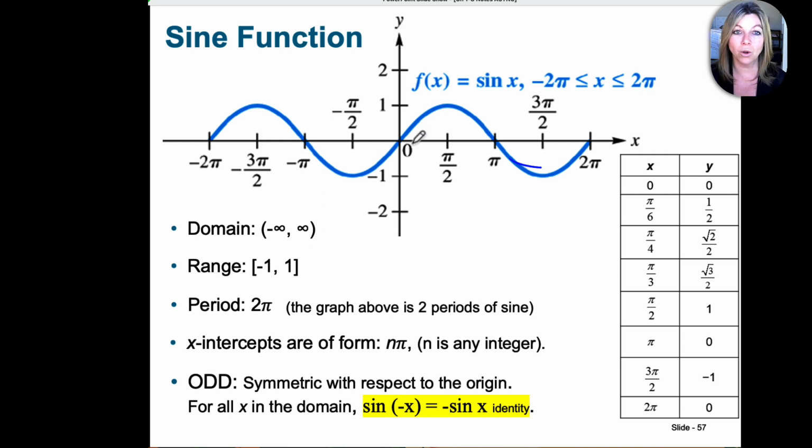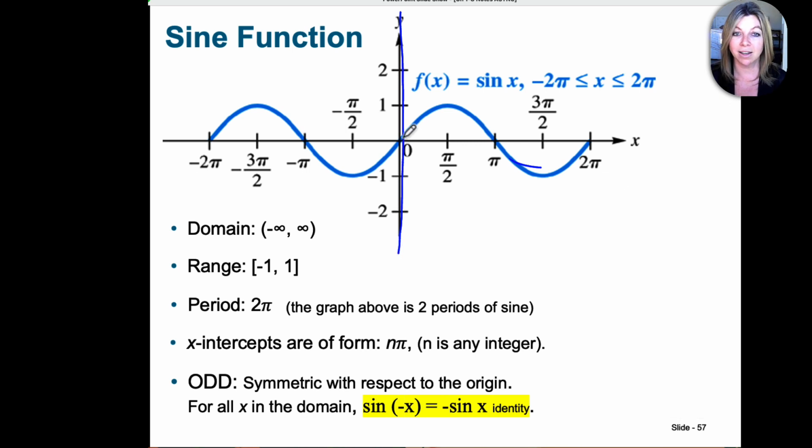If we were to fold sine along that same y-axis, this side of it, right here, this period, would not match up with this side right here. It wouldn't match up with this period. That's why it's odd. Furthermore, the identity, if we were to input sine of, let me go with one that's going to give us a visual.